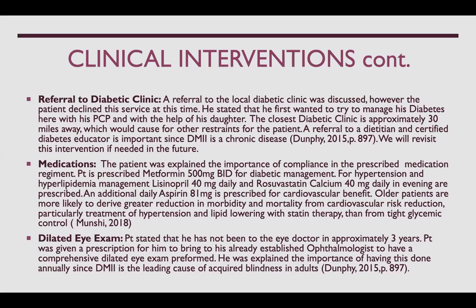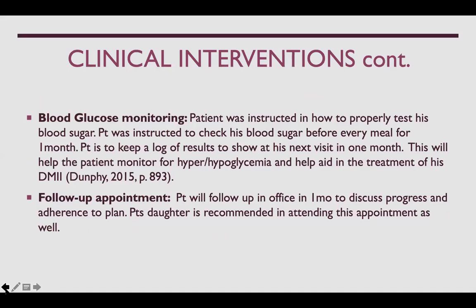And then we just sat down and we explained every single medication to him and his daughter and the reason for taking the medication. And I think that really helped, because it shows the reason and the importance of each medication. We talked about that he needed his dilated eye exam yearly, because he has not had one.